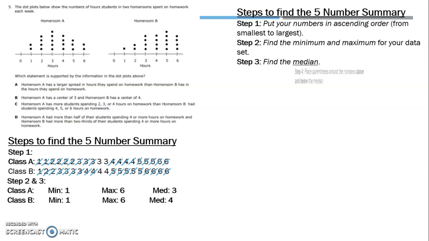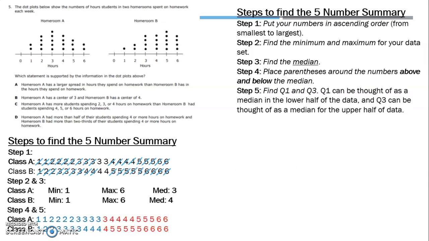Next step is, of course, now I gotta put the parentheses around them. I personally changed the colors. We already talked about this. So because I changed the colors, I did so. Boom, like that. So half my data is blue, half my data is red. And now I have to find Q1 and Q3. Because I didn't use, in A, because I didn't use the 3 in A, those two are separated into the left and right.